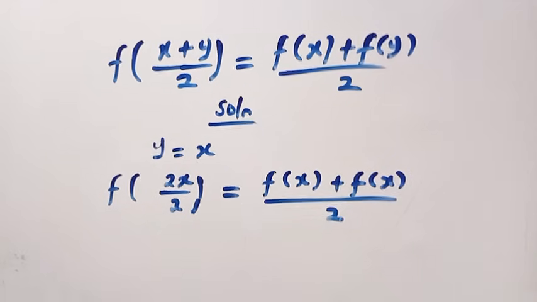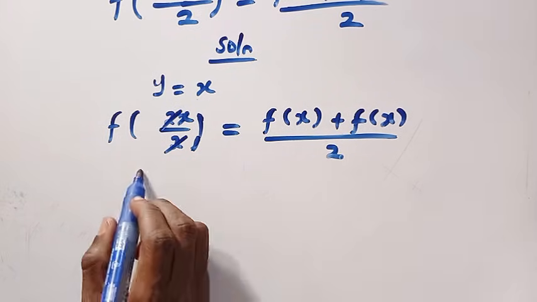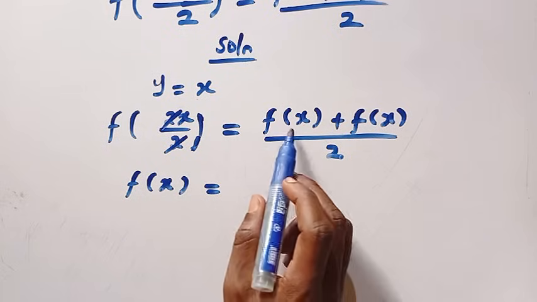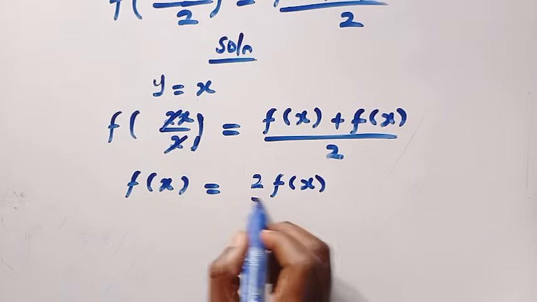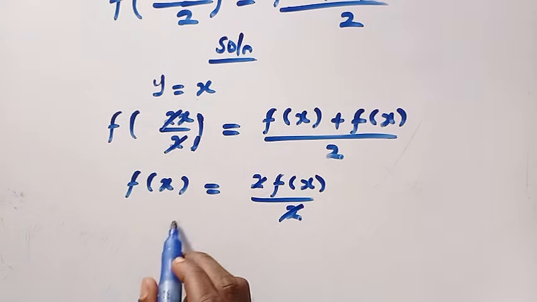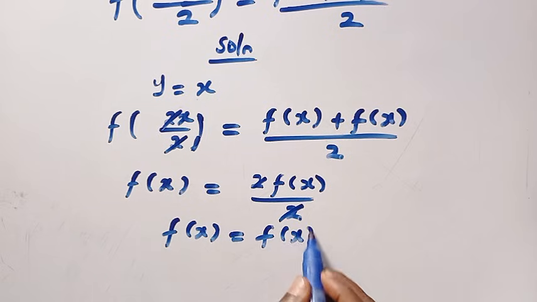So if 2 cancels 2, we have f of x equals f of x plus f of x, that gives us 2f of x divided by 2. And by cancelling 2, we have f of x equals f of x.